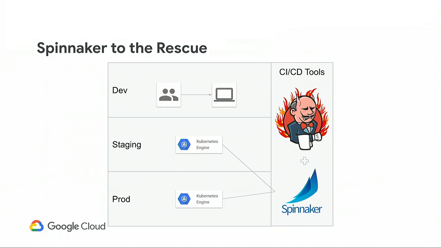At some point, hopefully not too far from that point when you're using shell scripts to do those deployments, you realize I could really use a tool that's going to help me see how my deployments are going in a more Kubernetes-aware, Kubernetes-centric sort of way. And that's where Spinnaker comes in.